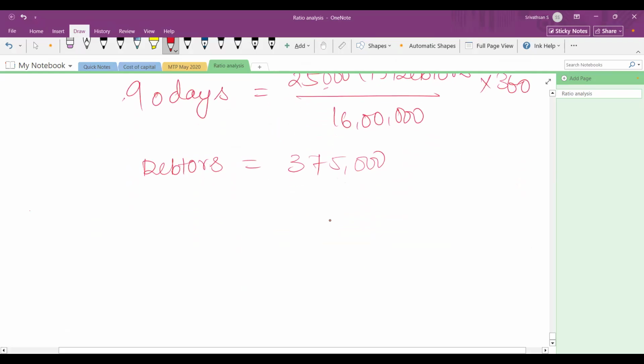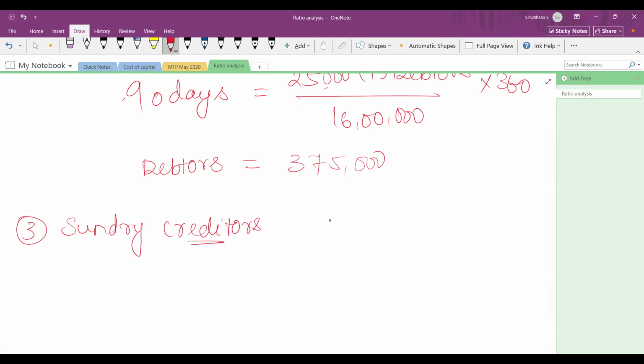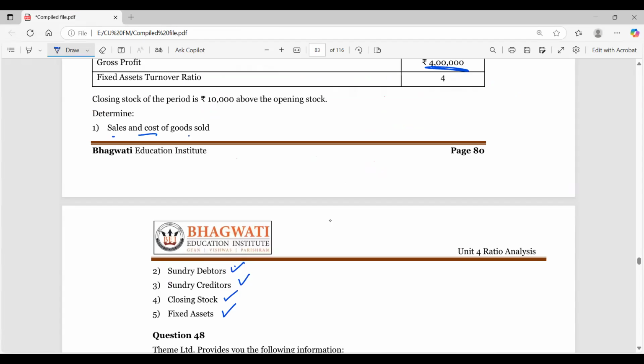Listen. For calculating creditors, we need purchases, right? Here you have to take opening and closing, and the average. Calculating sundry creditors is slightly different.